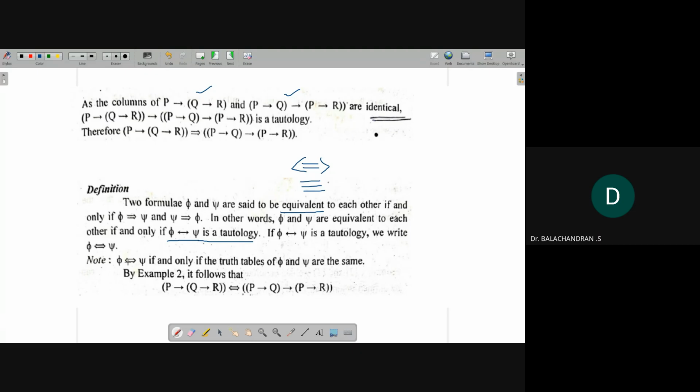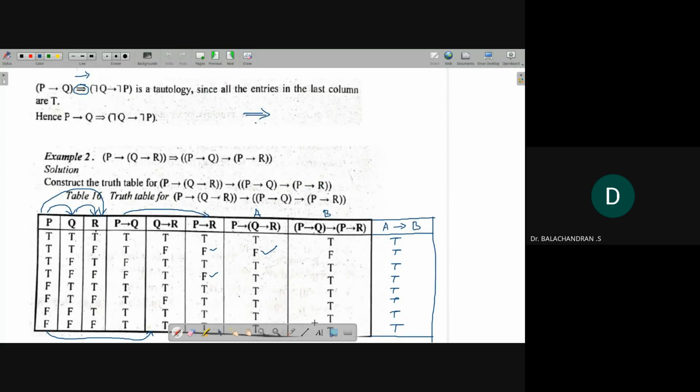Note phi and psi are equivalent if and only if the truth tables of phi and psi have the same value. Actually, you can see in the previous example 2, these two columns have the same truth value. So even actually you can put that both of them are equivalent. But in the question they are asking only that this tautologically implies this.